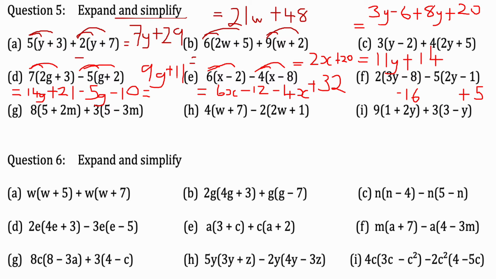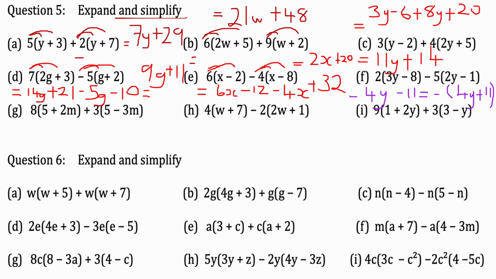And then negative 16 plus 5, or 5 take away 16, becomes negative 11. Or minus 11 minus 4y. Either way is fine. Or if you really are that bothered about the minus sign, take the minus out of the bracket and then it'll be 4y plus 11.